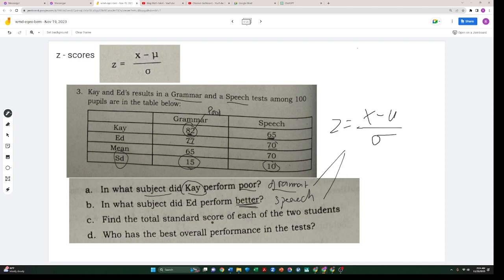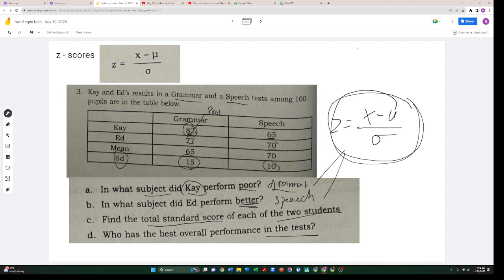Define the total standard scores of each of the two students. So, pangitaw na nimo ang total standard scores. Gamit lang gyapon ang formula. Who has the best overall performance in test? Gamit na gyapon kag formula ana. Overall performance.